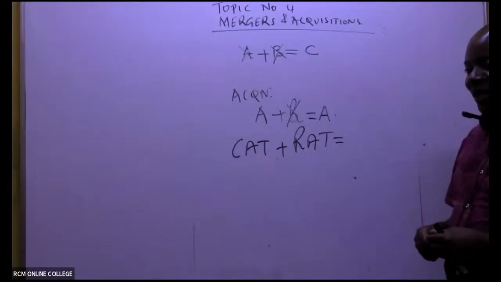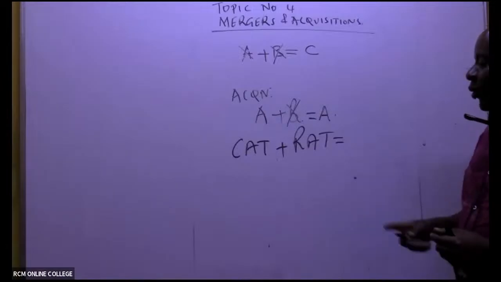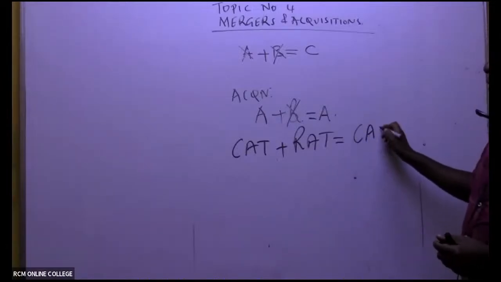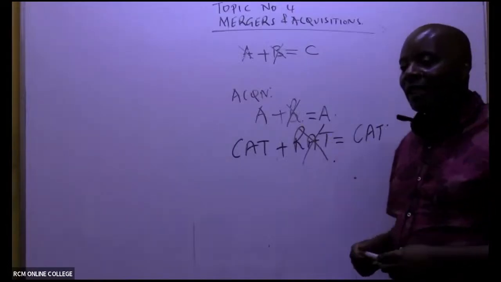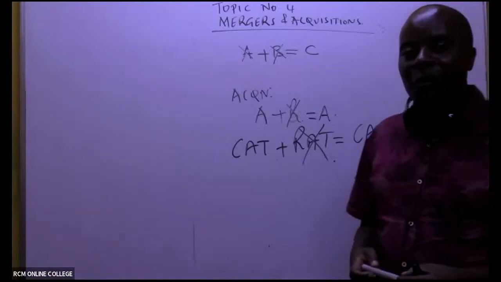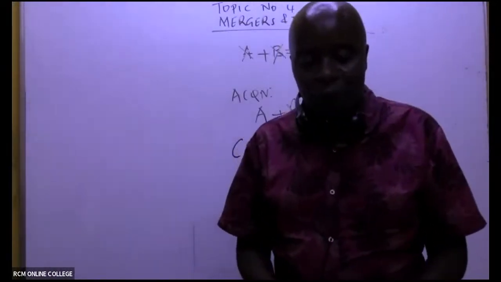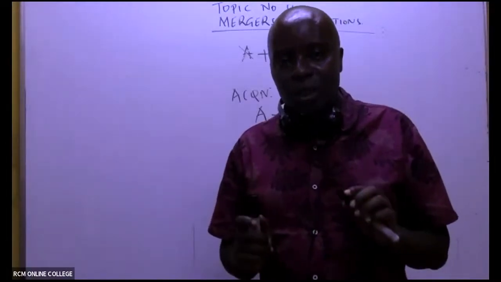Cat and rat will be equal to what? Will be equal to cat. Why? Because the rat will disappear from the face of the earth. So automatically this becomes an acquisition. Then can you kindly give me examples of companies that you know of which have ever engaged in acquisitions in Kenya here?